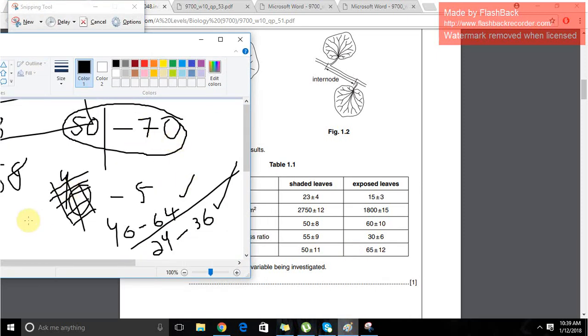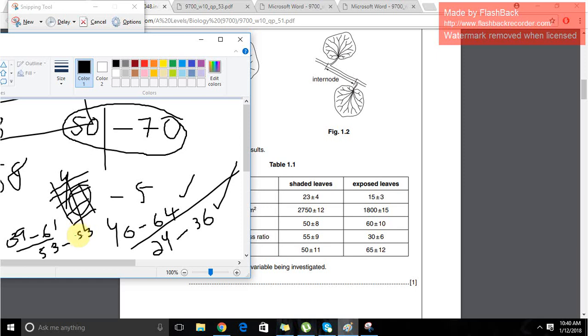So this would be 50 minus 11, well, 50 minus 10 would be 40, so 39 to 61. And 65 minus 12 would be 53, 53.